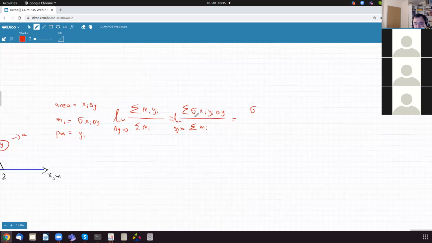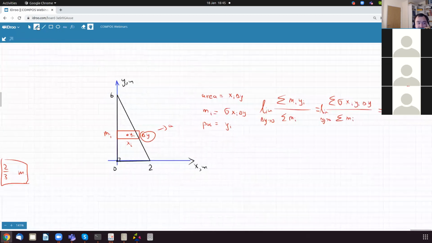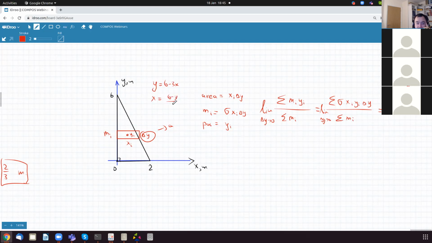So sigma we can take out, integral. So the y limits are from 0 to 6. Now x, we need to find x because we don't have x. So we have y is equal to 6 minus 3x, so x is equal to 6 minus y divided by 3.